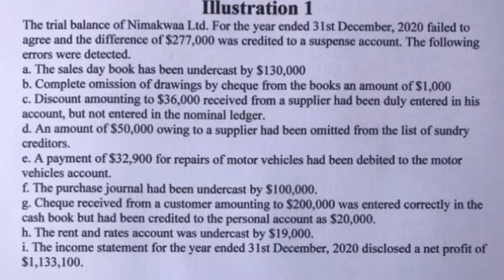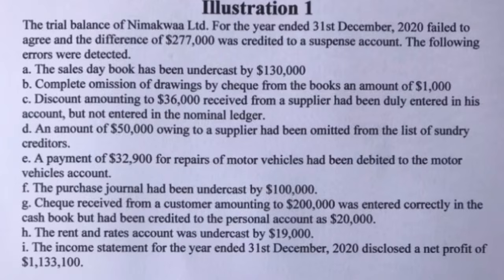C. Discount amounting to $36,000 received from a supplier had been duly entered in his account but not entered in the nominal ledger. D. An amount of $50,000 owing to a supplier had been omitted from the list of sundry creditors. E. A payment of $32,900 for repairs of motor vehicles had been debited to motor vehicle account.